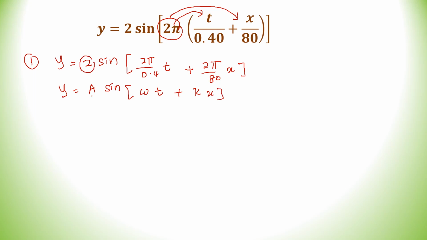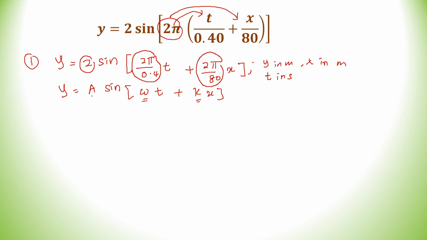Remember from the previous slide, y in meter, t in second, x in meter. So your amplitude is 2 meter. Omega, angular frequency, 2 pi over 0.4 radian per second. Wave number, 2 pi over 80 radian per meter.